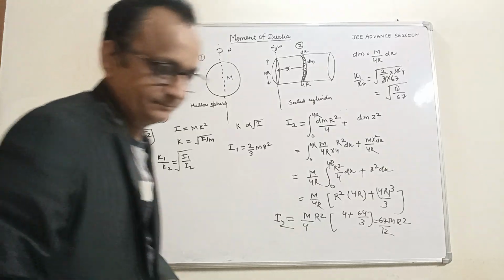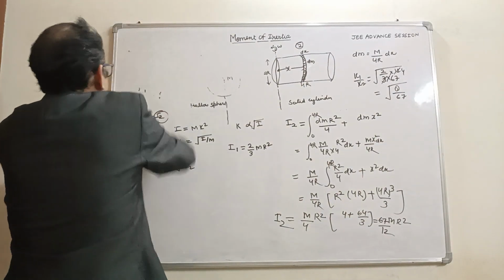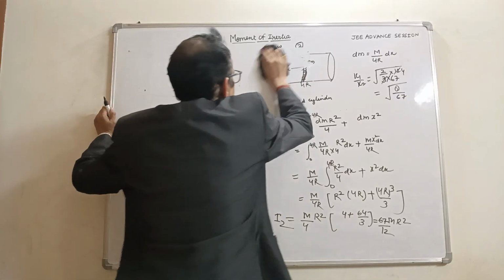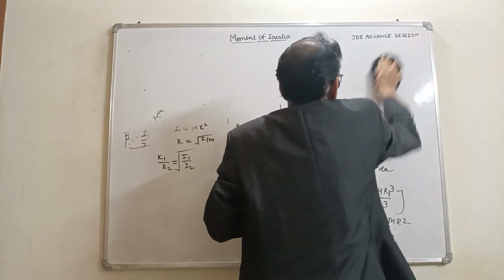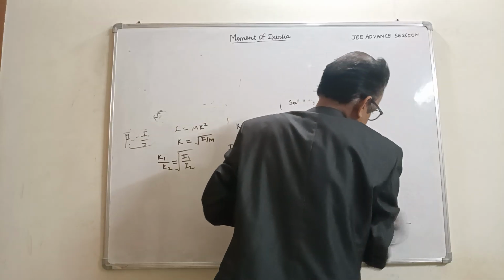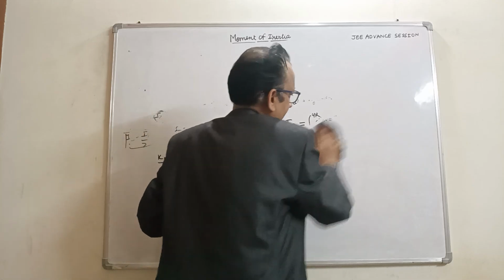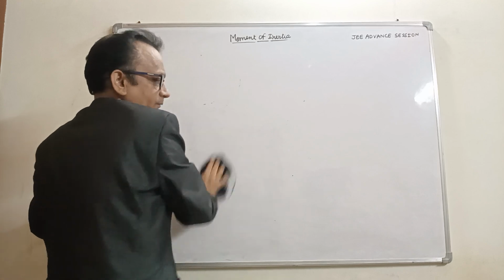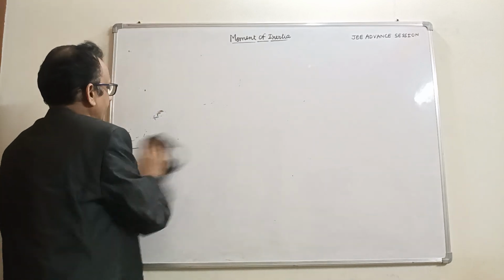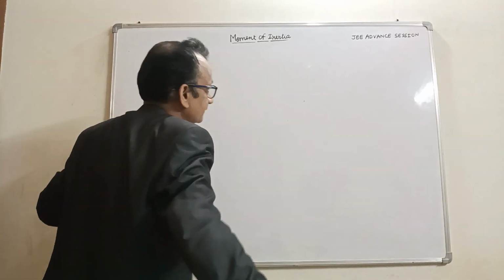So another question. In this question a disk is given and a cavity is made inside the disk.